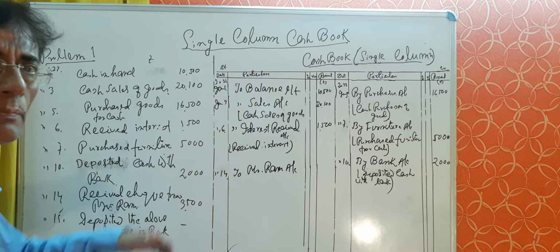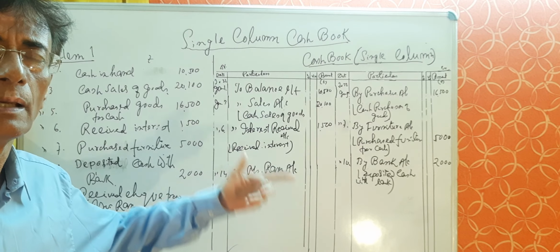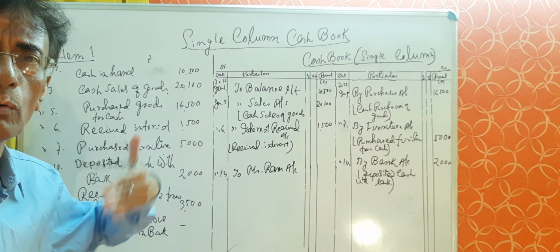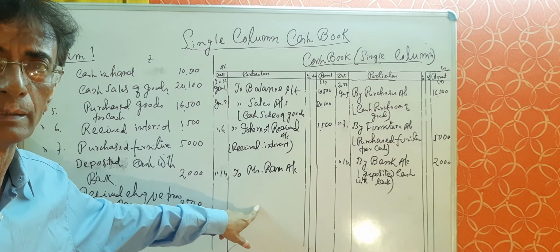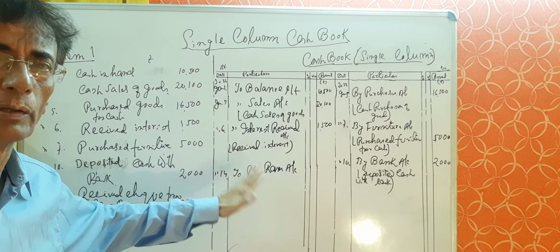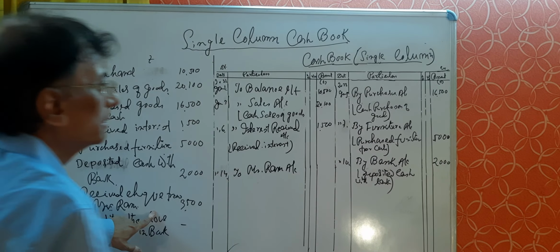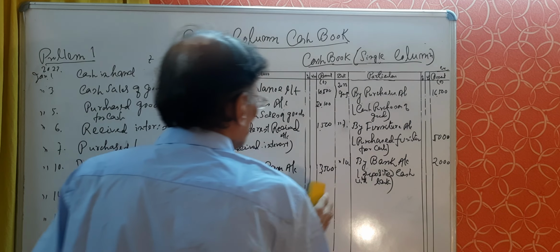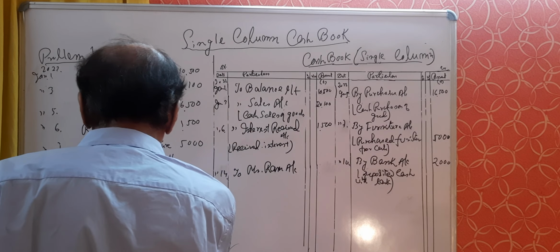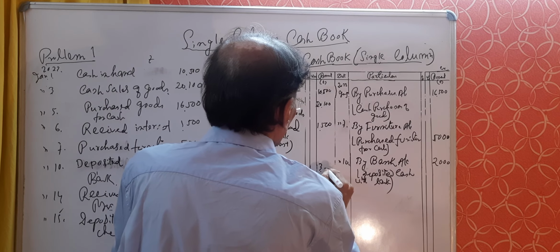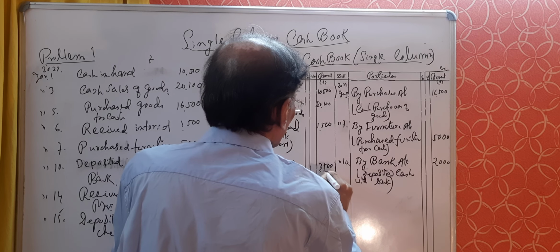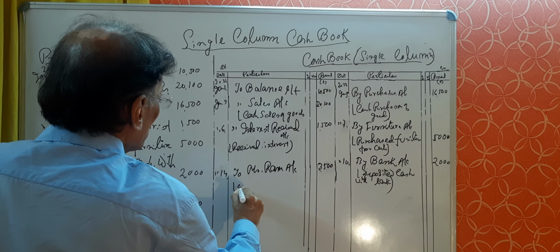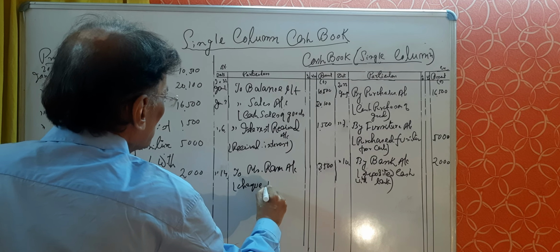As a check is being received from Mr. Ram, Ram account is to be credited and cash account is to be debited. Simple journal entry. We are doing it without doing the journal. We are simply posting it as ledger. Cash account debit to Ram account. The value is 3,500. Okay. Check.